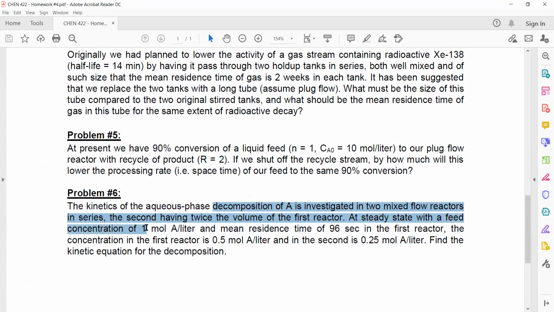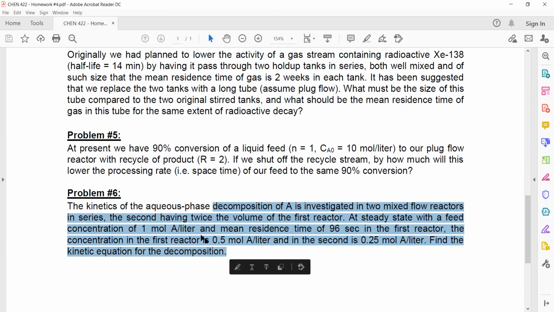At steady state with feed concentrations of 1 mole A per liter and mean residence time of 96 seconds in the first reactor, the concentration in the first reactor is 0.5 mole per liter and in the second reactor is 0.25 mole A per liter. Find the kinetic equation for the decomposition.